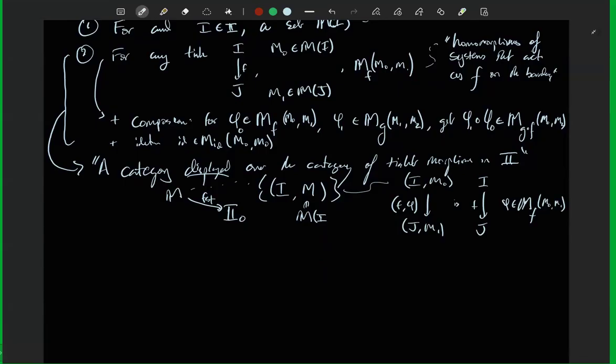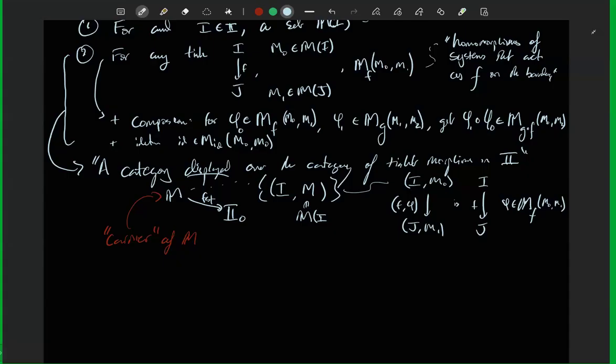That's what we've asked for so far. This thing is going to be called the carrier of the module M. M, of course, is going to have a lot of data, more than just what we said. But this is what's called the carrier. If you think about it as a whole, it's a category equipped with this functor down to the types there, but it's the category of all systems over all interfaces.